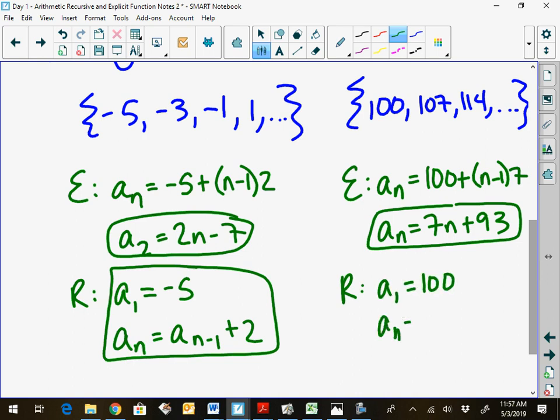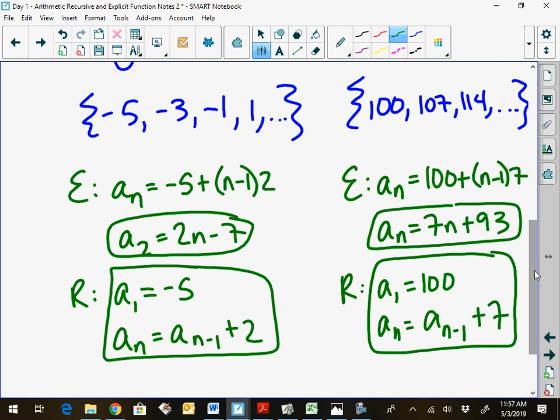A sub n equals a sub n minus 1 plus 7. So that is writing our functions that we used to see as linear. Now we're looking at them and we call them arithmetic sequences. So writing it in both explicit and recursive form is what you will be practicing next.